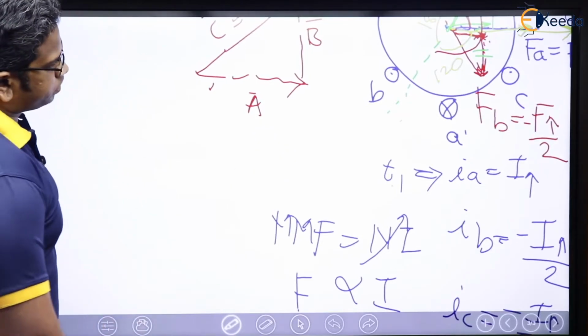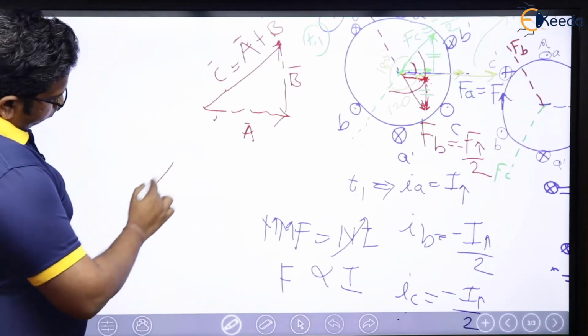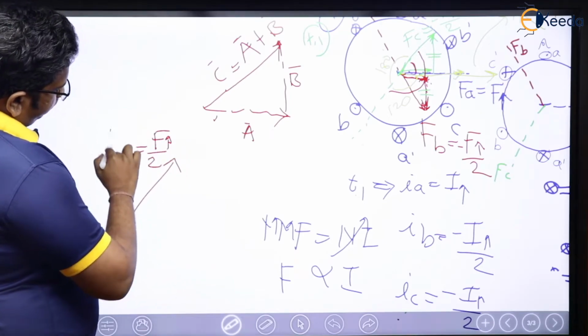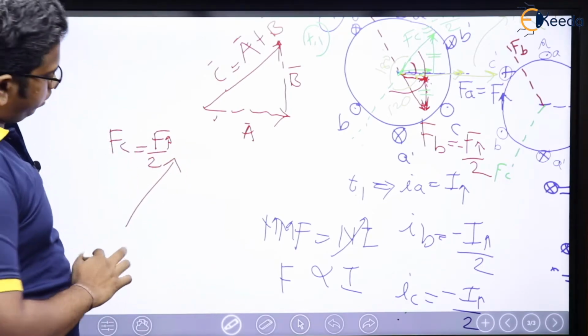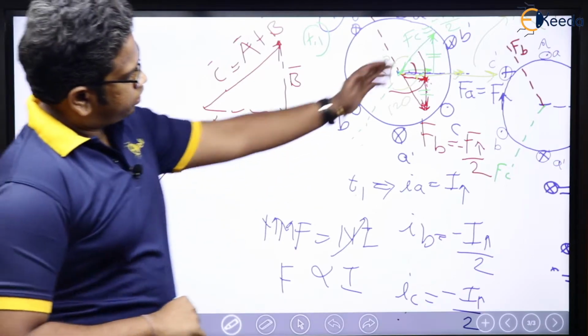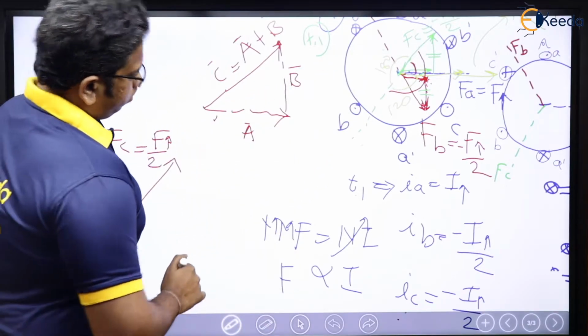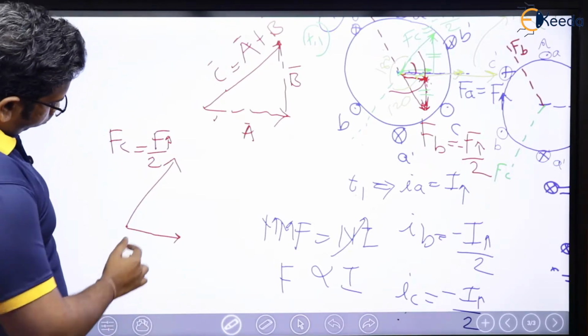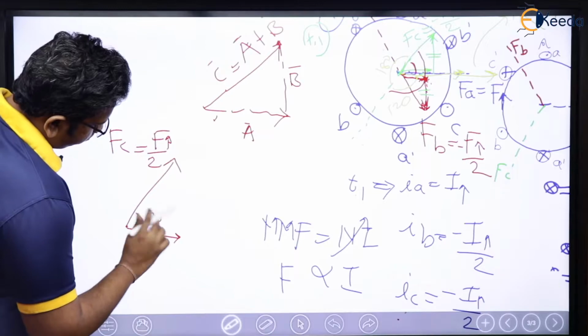See here, what I was saying, this was F maximum by 2, nothing but FC at T1, right? This was F maximum by 2. We had to find this length, which we do not know, right? And we know this angle is 60 degrees.